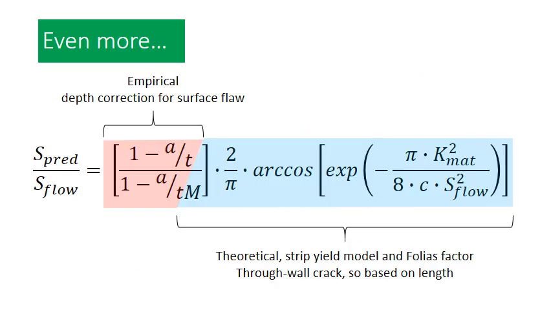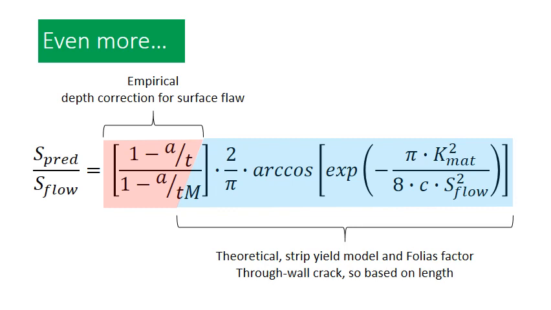Now, if we take a closer look at the mathematics here, we find a couple of interesting things. The first one is I've got this section highlighted in blue, and there we've got a Foley's factor. We've got the arc-cos exponential term, including the half crack length. Now, that arc-cos exponential term is all derived from a mathematical theoretical fracture mechanics model called the strip yield solution that was developed in the 1960s.